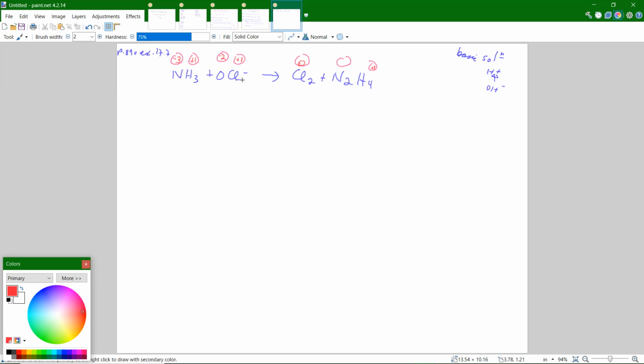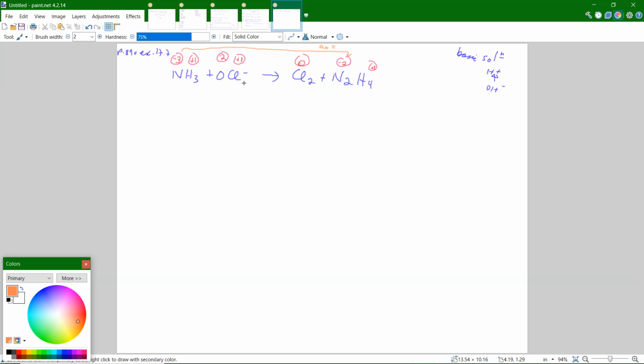And the nitrogen, I guess it's going to be -2, right? -2 times 2 is -4, and +4 is 0. Okay, so the nitrogen goes from -3 to -2. So that, in fact, is an oxidation because it's getting less negative.